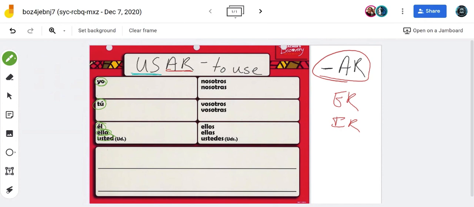You're going to use the stem in every single one. Us, us, us, us, us, us. You're going to keep reusing it because they're all going to sound the same.